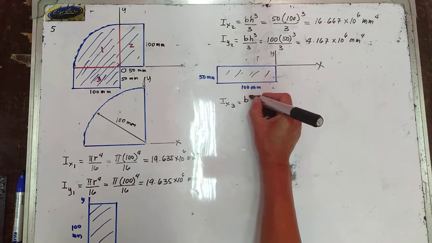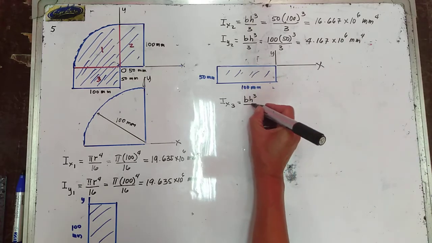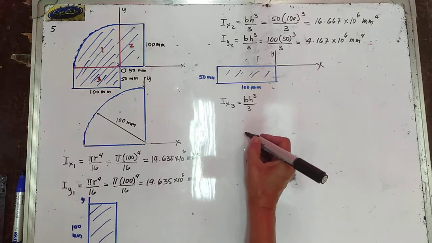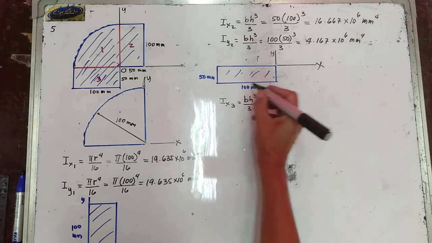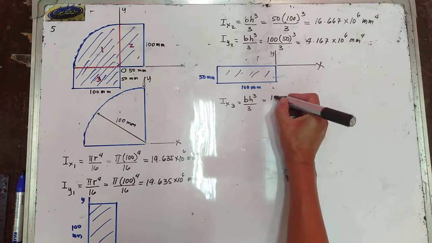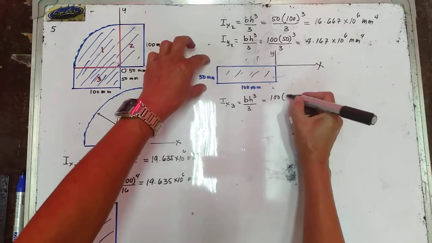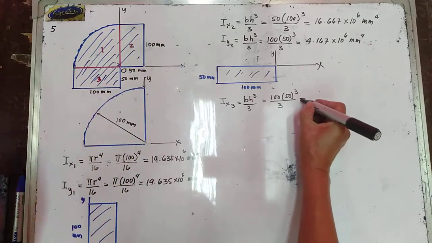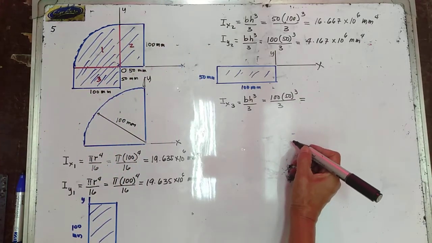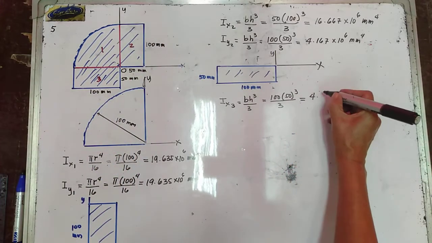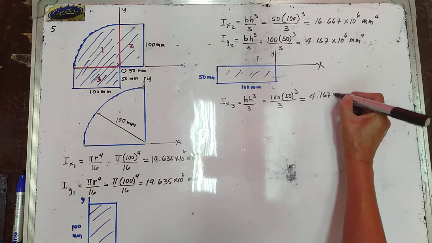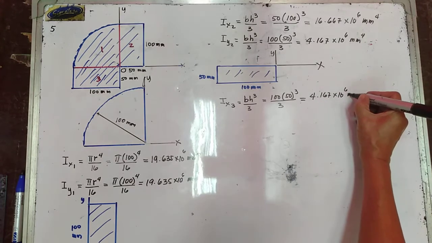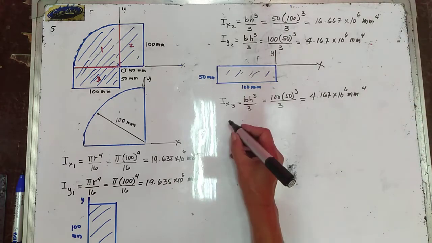So this is bh cubed all over 3, and this is equal to 100 times 50 cubed all over 3. And that one is equal to 4.167 times 10 to the 6 millimeter raised to the 4th.